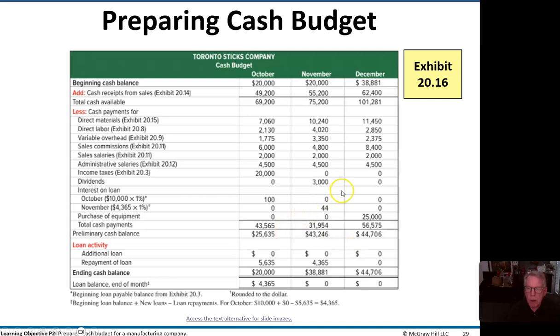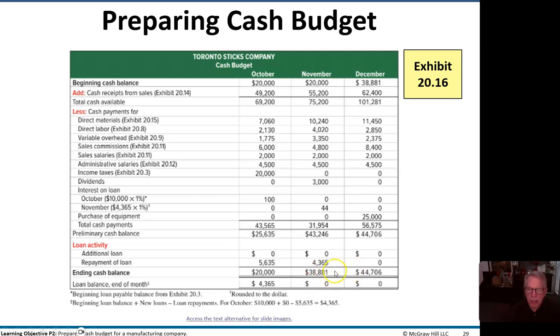From the standpoint of paying off our loan for November, we have the $4,365 loan balance at the end of October, and that requires us to pay $44 in interest in November.